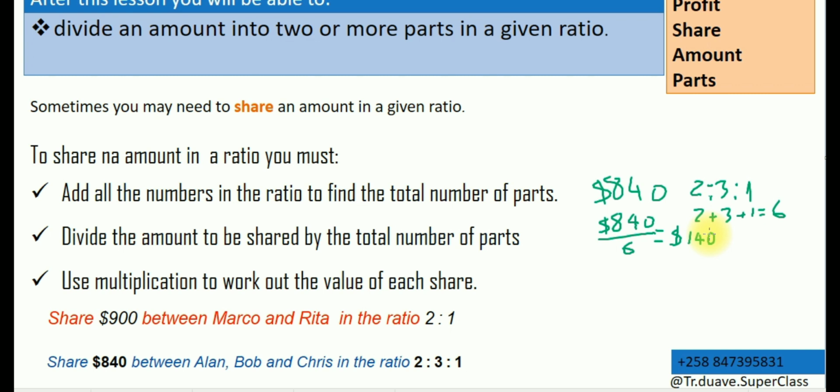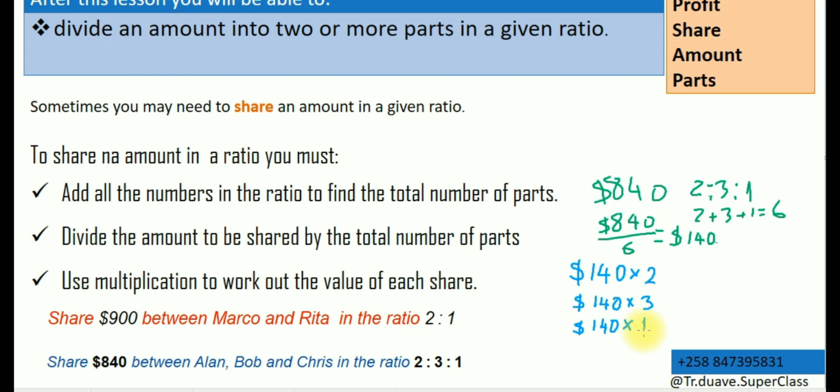Then you multiply this value by each of the numbers in the ratio. So let's take a look here. We must take this value 140 and multiply by each of these numbers.